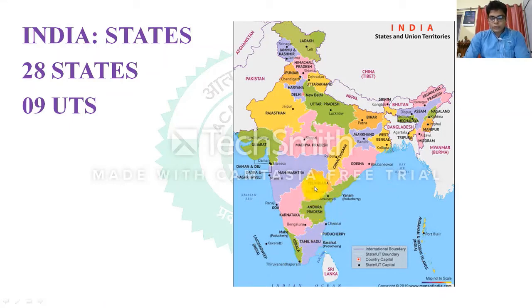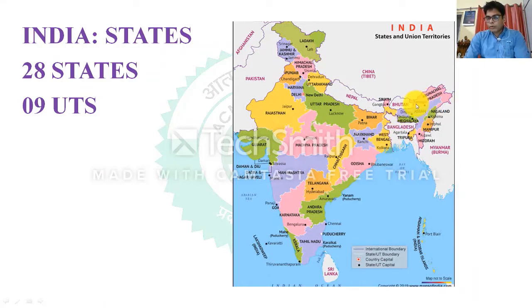Then two newly formed states, as Andhra Pradesh was divided into two parts, Telangana and Andhra Pradesh. The capital of Andhra Pradesh is Amaravati, and Telangana's capital is Hyderabad. Then Chhattisgarh, capital Raipur; Madhya Pradesh, Bhopal; Odisha, Bhubaneswar; Bihar, Patna; Uttar Pradesh, Lucknow; Jharkhand, Ranchi; West Bengal, Kolkata.